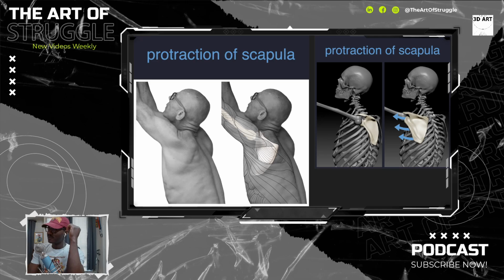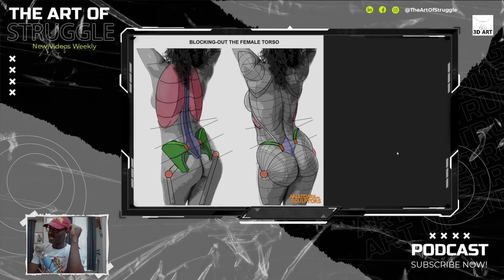And then we've got our spinal column that goes all the way from the base of the neck all the way down to the pelvis, right? And then the pelvis, the iliac crest, right, for the pelvis.